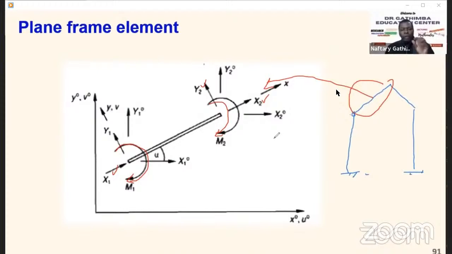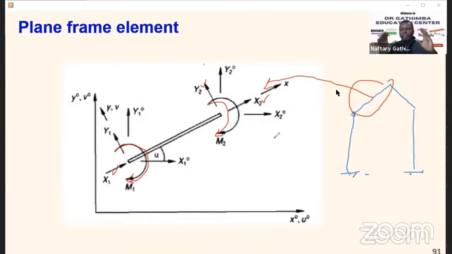At one node, we have vertical displacement, horizontal displacement, and rotation, and the corresponding nodal loading vector will have the vertical transverse load, the horizontal or axial loading, and then the moment. The moment is brought about by the rotation. Vertical displacement corresponds to the shear force in the y direction, and horizontal displacement to the axial force.